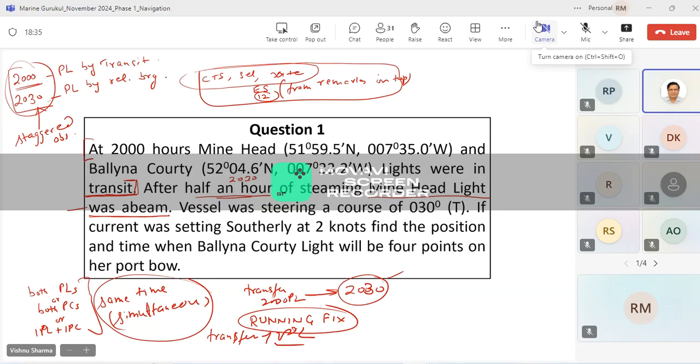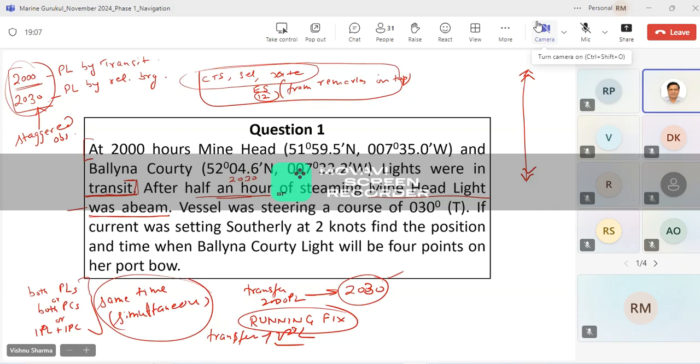We'll put the parallel ruler on the first PL, slide the ruler to this transferred point and transfer the PL. Transferred PLs are marked by two arrows at each end, guys. When I mark like this, that means it's a transferred PL. Okay. Any questions on what I have explained? Would you like to clarify anything before I go with this question, guys?